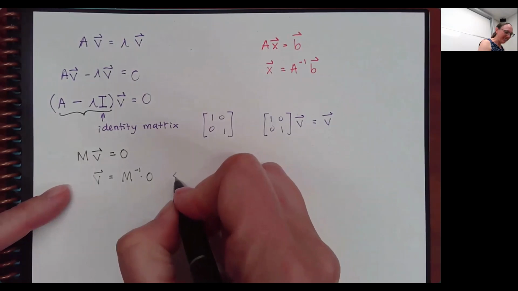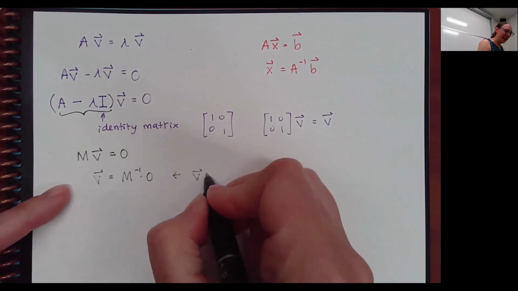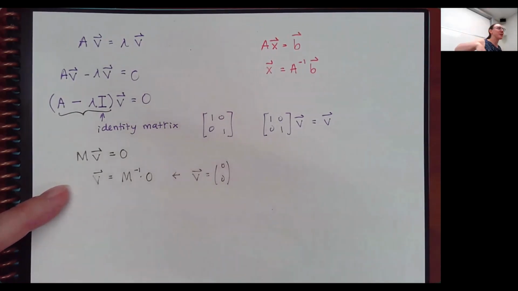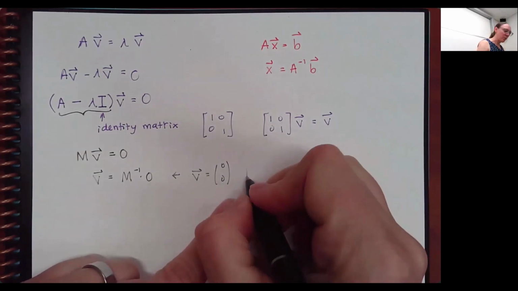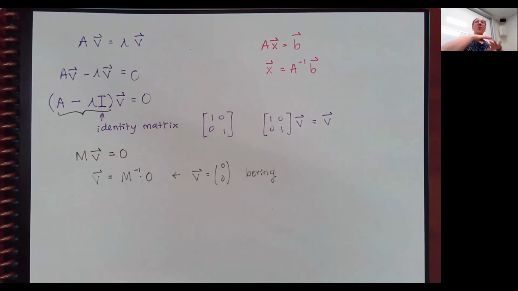This equation only has one solution, and that's that my vector had to be 0, 0 if it's a 2 by 2, or 0, 0, 0 if my matrix was a 3 by 3. This solution is boring. In a biological context, this solution means all the critters are dead.